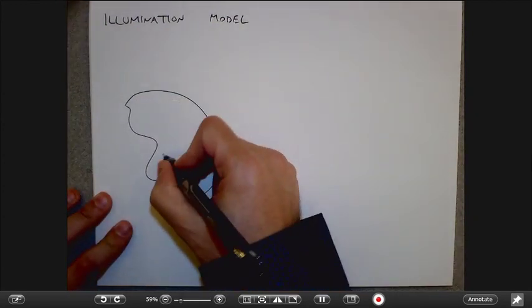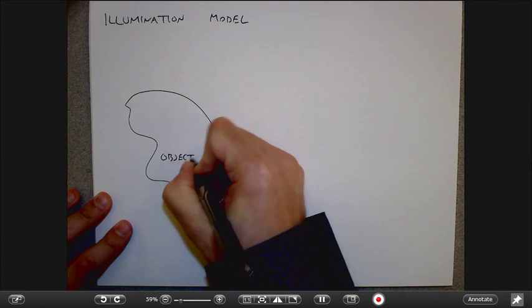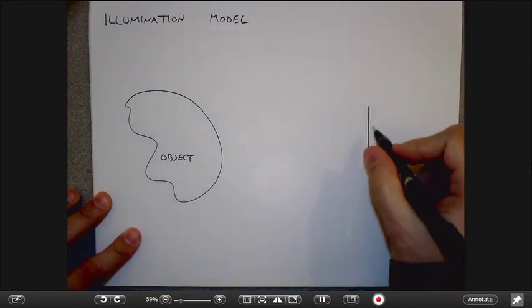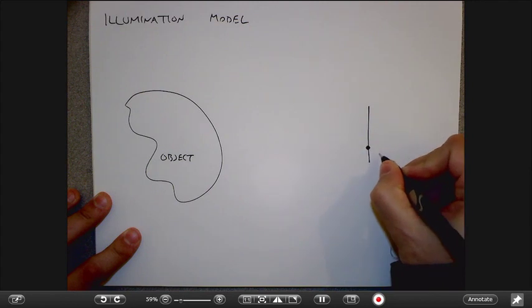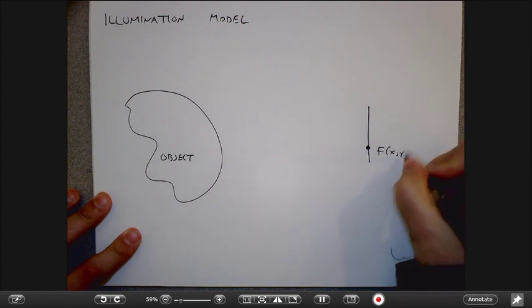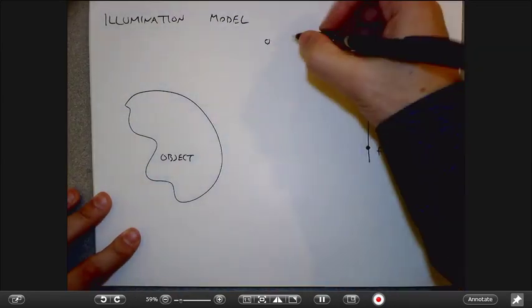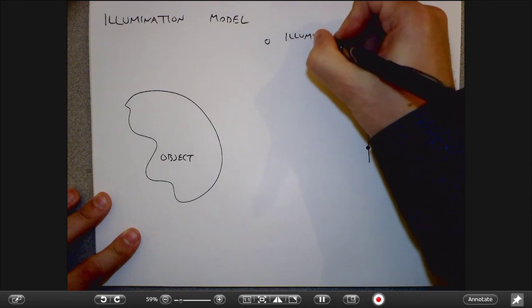So you have some object in the scene, and I want to know how much light is arriving at this point on the image plane. Okay? And so usually I have some sort of an illumination source.